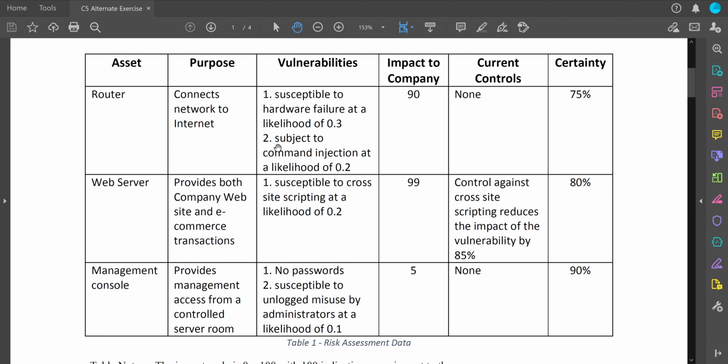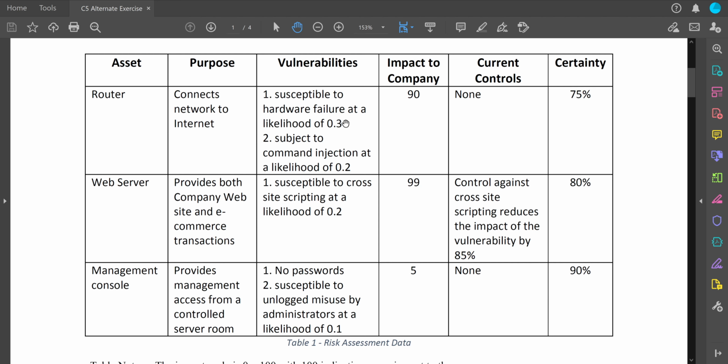So with that, if you look at the assets individually and then compare them all, you'll see that the router is the one you would most likely need to evaluate first, because one of its two vulnerabilities has one of the highest percentages in the table.